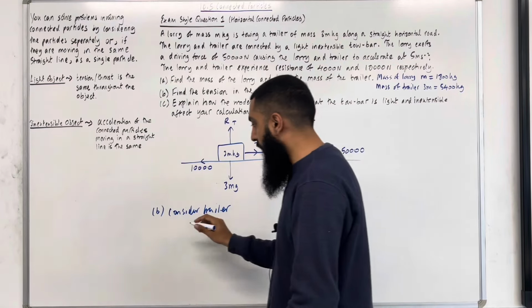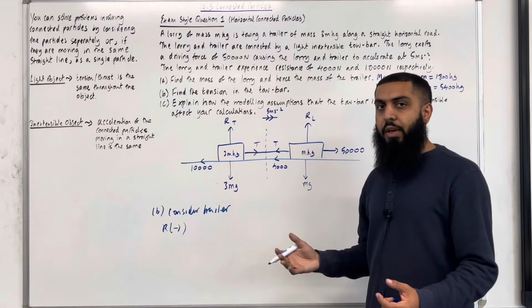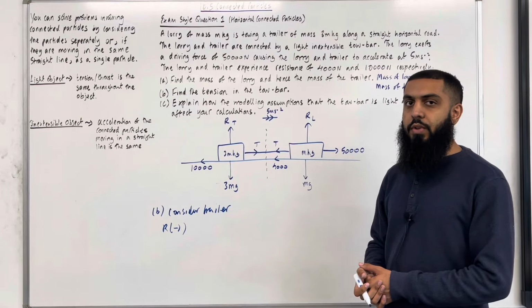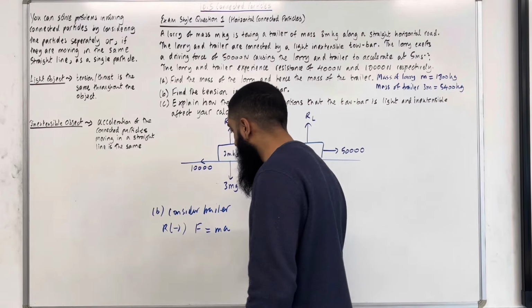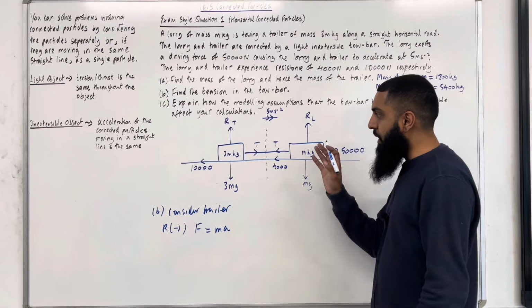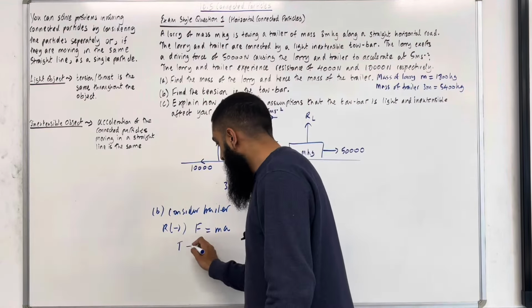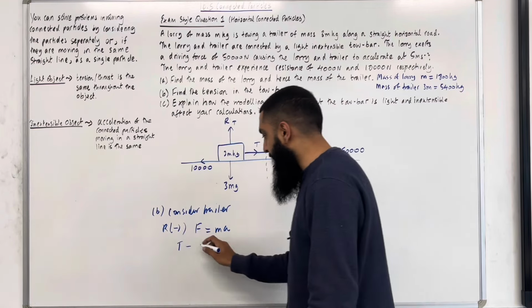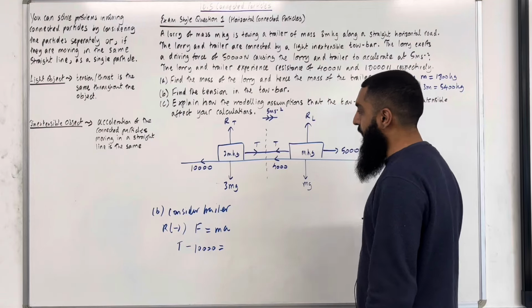I'm going to resolve horizontally, taking right to be the positive direction, and to generate the equation of motion, I need to use Newton's second law. F equal ma. So my first step is to work out the resultant force F acting on the trailer. So I've got T to the right, take away 10,000 to the left. This must equal the mass of the trailer.